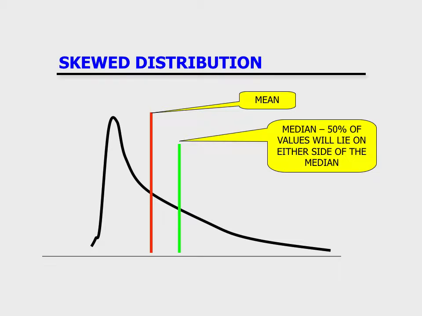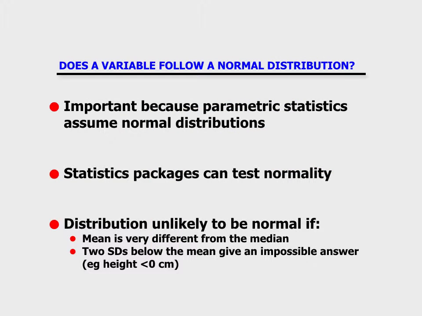Here's the mean, and here's the median. Or if two standard deviations below the mean gives an impossible answer, like as if height were less than 0 centimeters, which is physically impossible. So those are some criteria to follow, or some reference points, to determine whether there is a normal distribution or what would be considered a non-normal, or skewed, distribution.